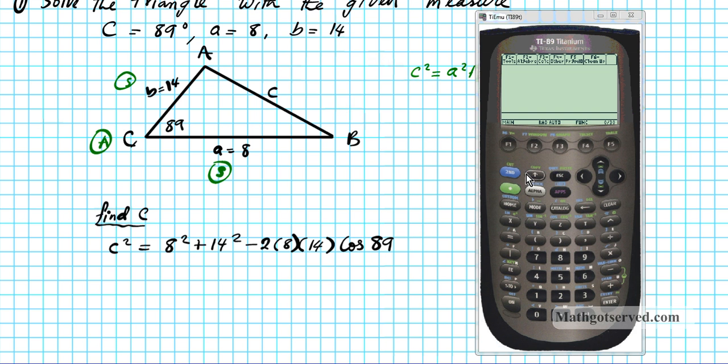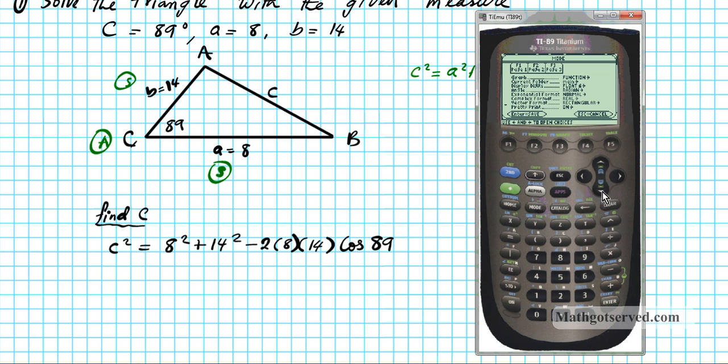All right, so let me set my mode to degrees first so that everything is accurate since we're dealing with degrees. Mode in degrees, enter. So we're going to calculate 8 squared plus 14 squared minus 2 times 8 times 14 cosine 89, and our answer is going to be 256.091.